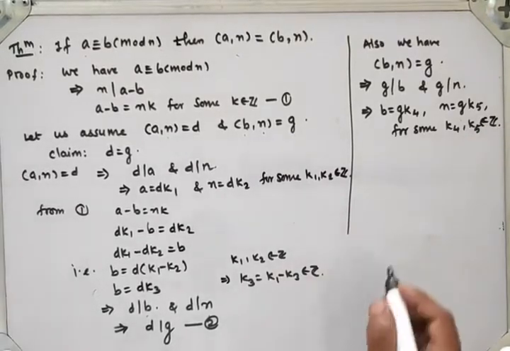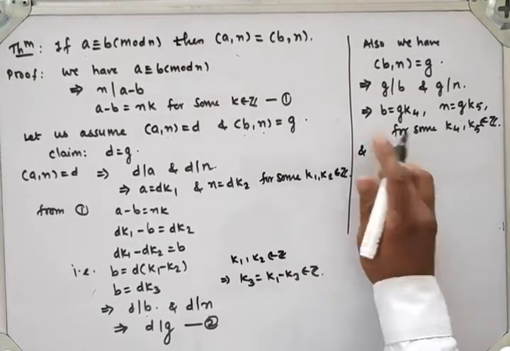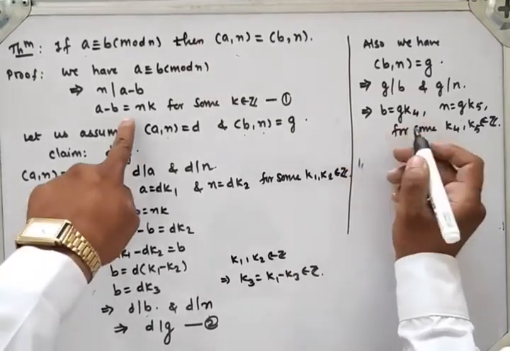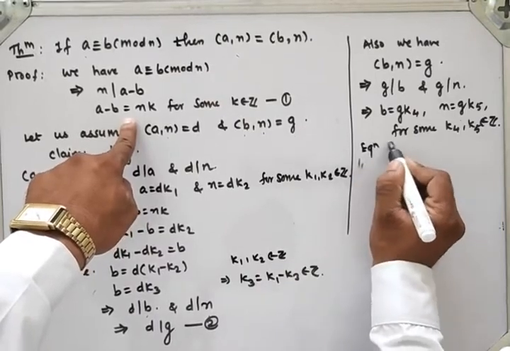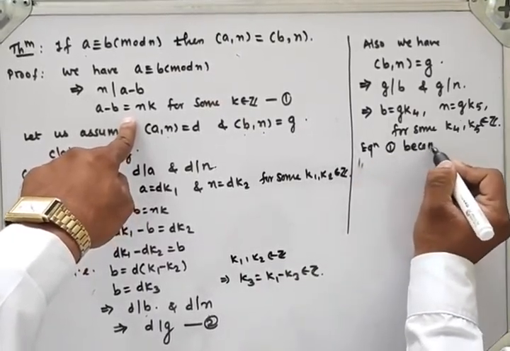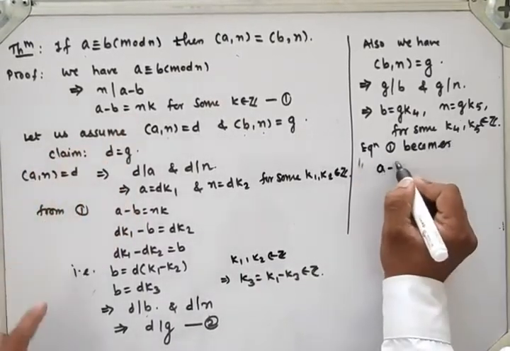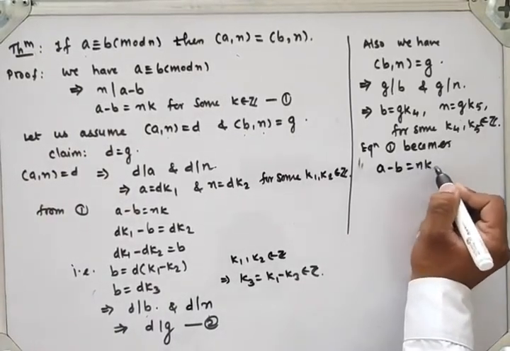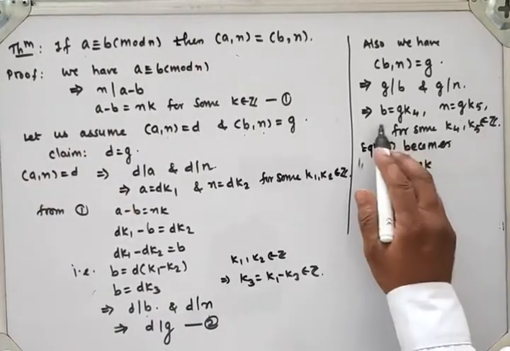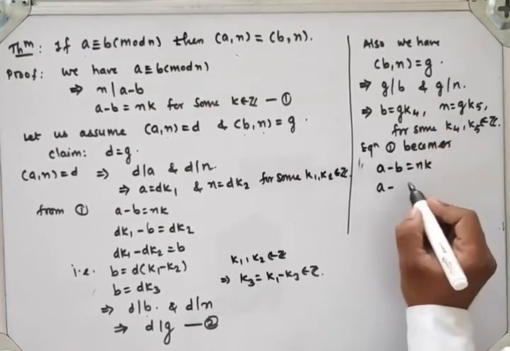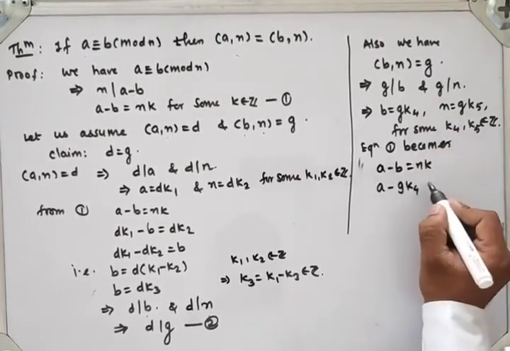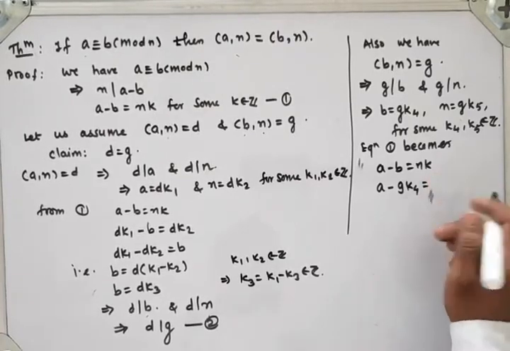From equation number 1, what is equation 1? a minus b is equal to n into k. So we have the values of b and n. So a minus g k4 is equal to g k5 times k.